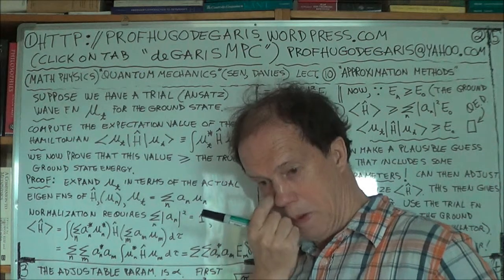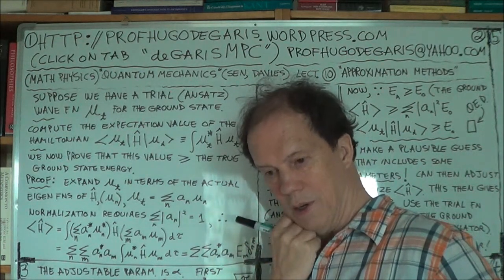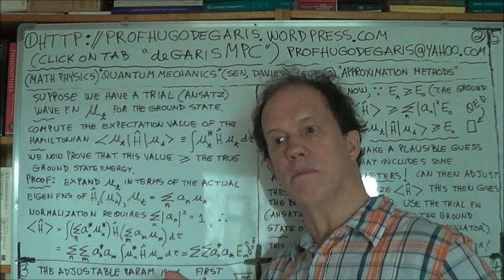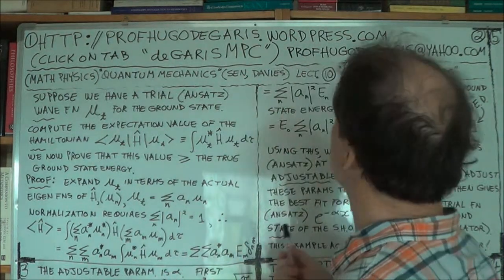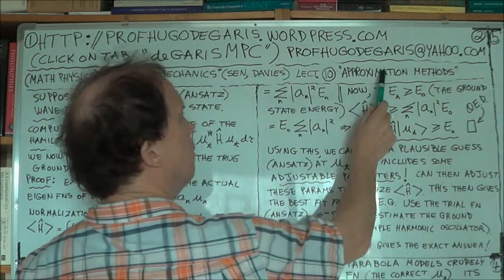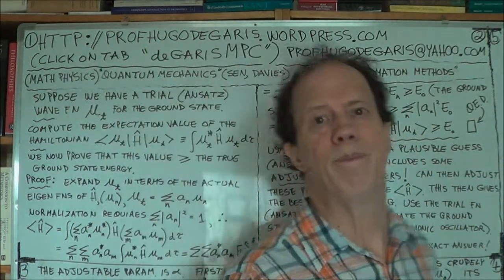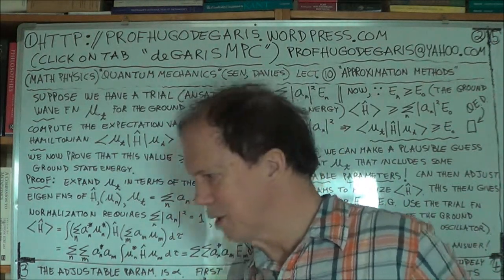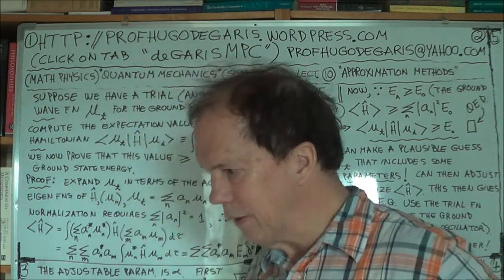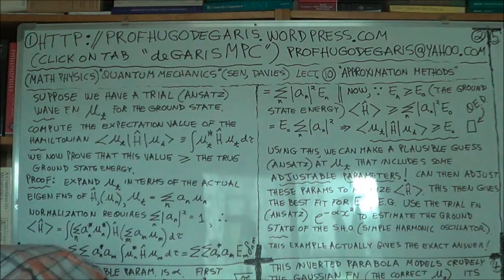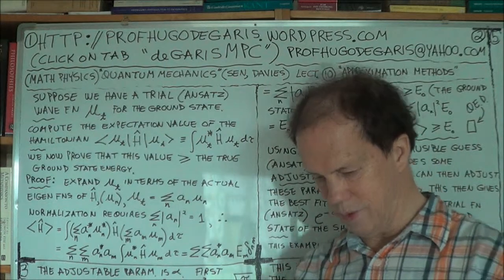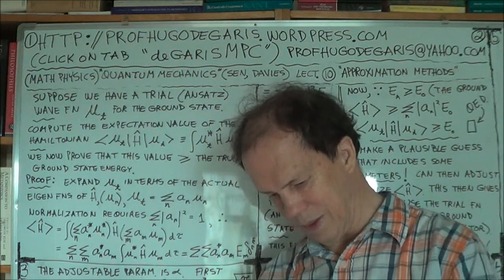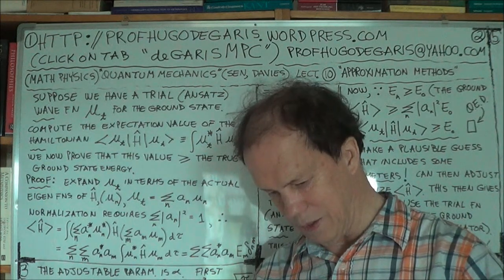The title of this whole chapter is Approximation Methods, chapter 10. Okay, so the variational method. Let me just check what term they use. Not that it really matters, but may as well be consistent with the text.